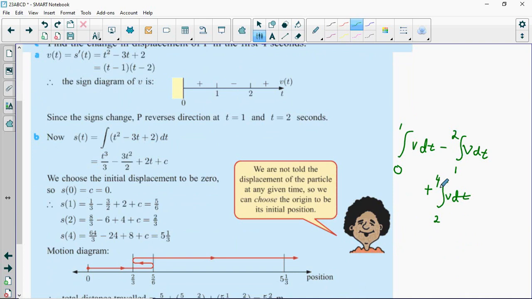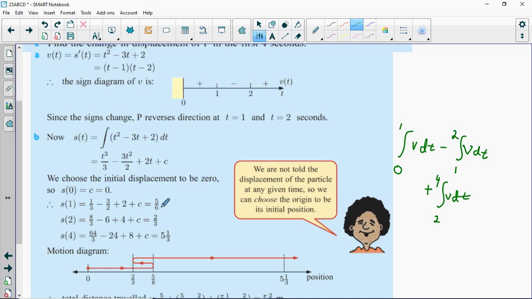However, there is another way, making use of a motion diagram. You can take the antiderivative of t squared minus 3t plus 2. We're going to choose the initial displacement to be 0 because we're not actually told what the initial displacement is. So we'll just say it starts at the origin. It really won't make a difference in the end. We can then use our displacement function to figure out, well, in the first second, if we start at 0, where do we end up?